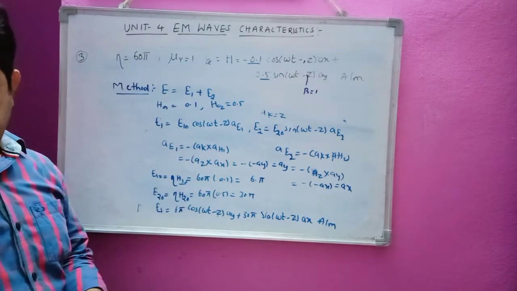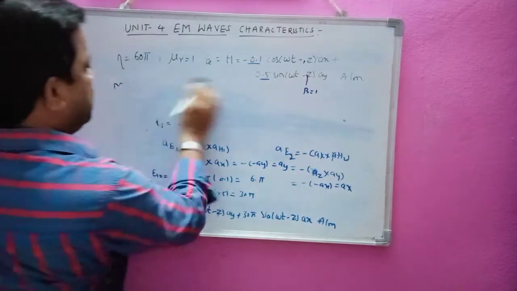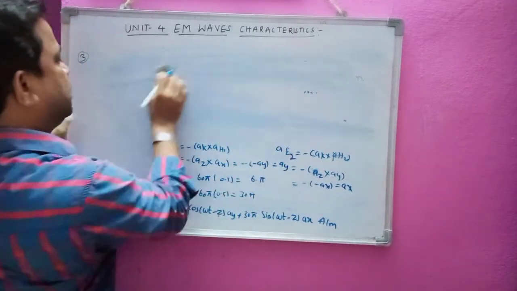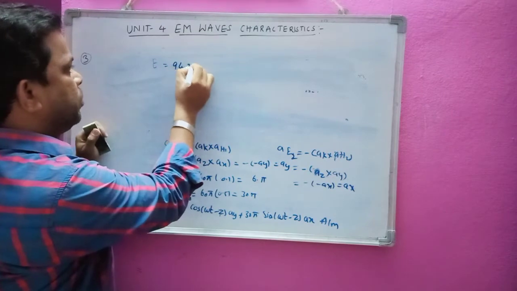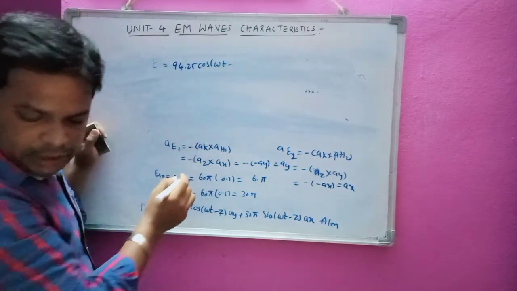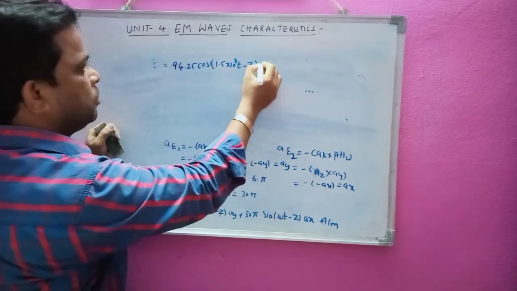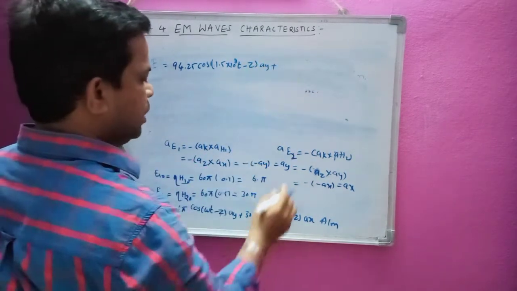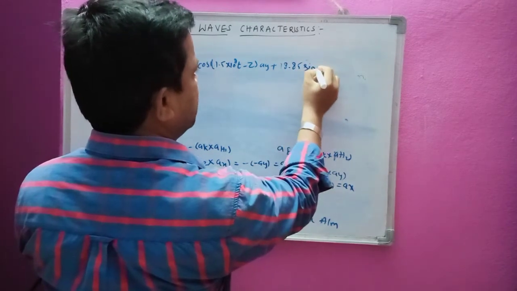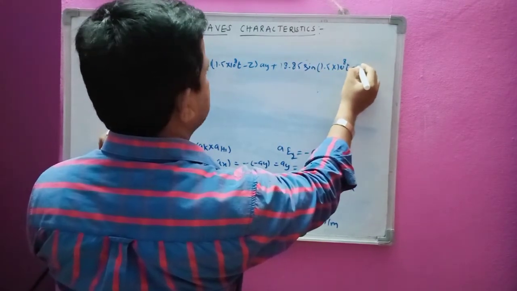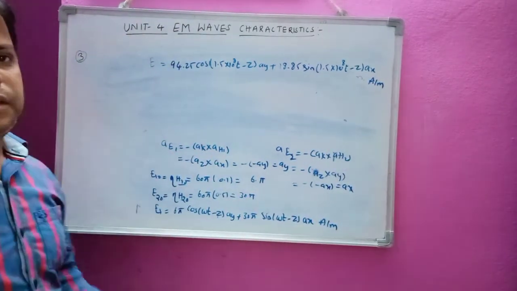Finally, I can write the final answer for the E value here: 94.25 cos(omega t minus z) aY, with omega t given as 1.5 into 10 to the power of 8 t, plus 18.85 sin(1.5 into 10 to the power of 8 t minus z) aX. So this is the final answer we are going to get for E.